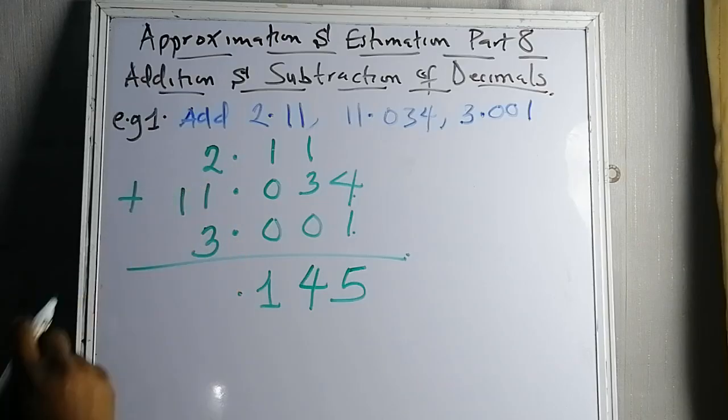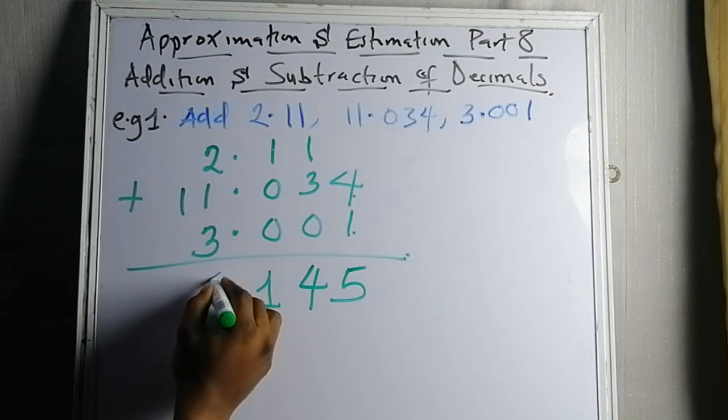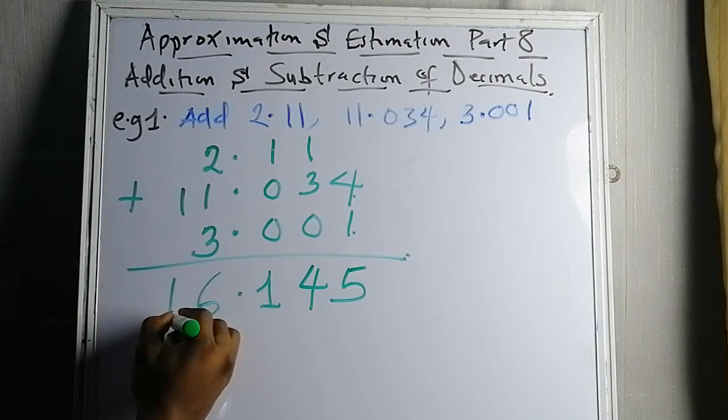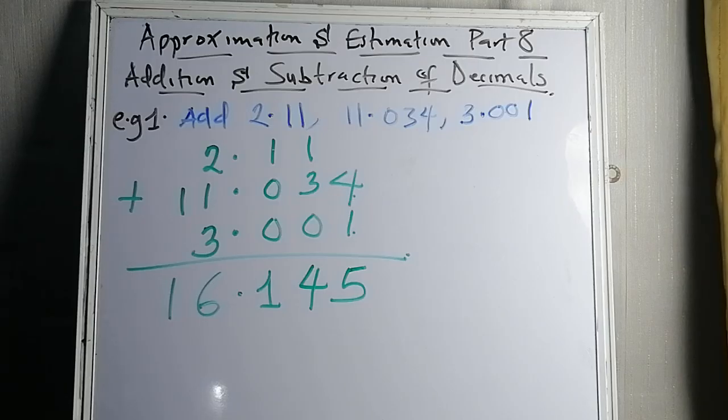Then 2 plus 1 is 3, plus another 3, that is 6. Then you have 1. So the answer after adding is 16.145. That is 3 decimal places. So that's the first example under addition.